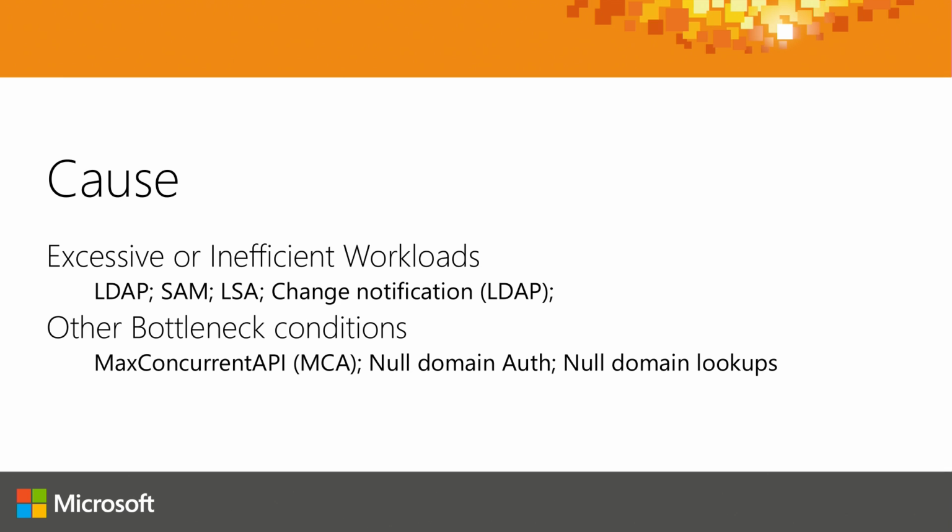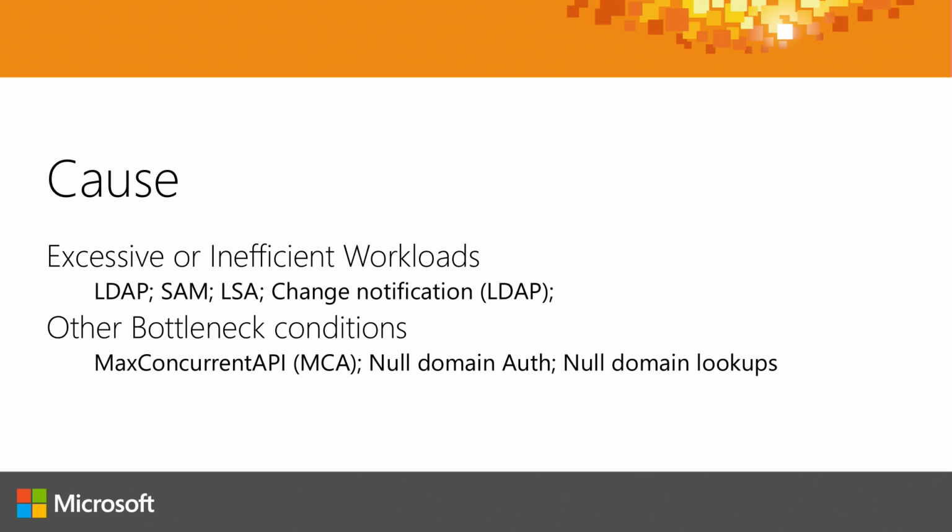And if you do this, anytime that object is updated, the DC needs to go and tell the client. And this is different from AD replication change notification, if that's what you're thinking of. But this manifests itself in the performance log we'll see in a second, and DS Notify Queue Size is the performance counter.